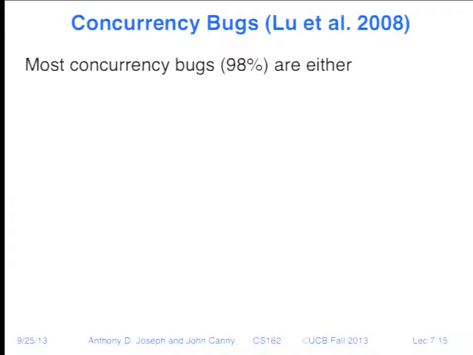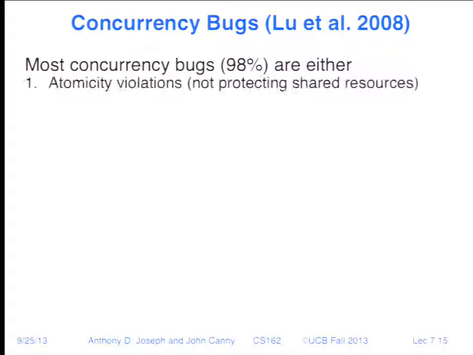It's interesting to look at concurrency bugs, so I'm briefly going to mention some things that people have observed about them. One thing is that concurrency bugs seem to be one of three main types. The most common type is atomicity violations, which means not protecting some resource that should be protected.